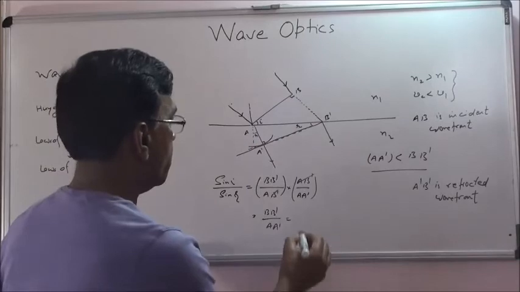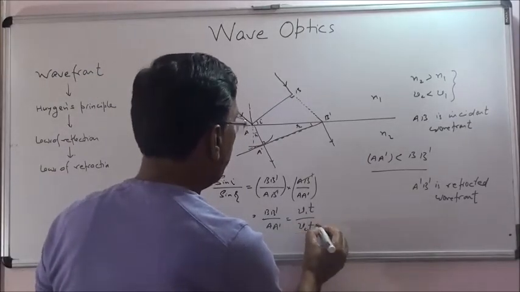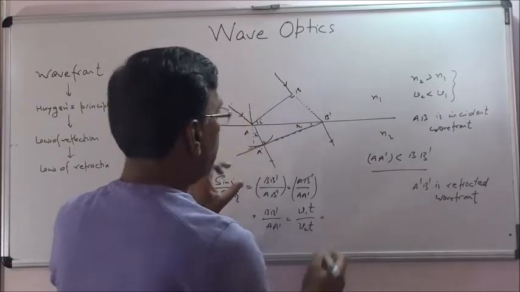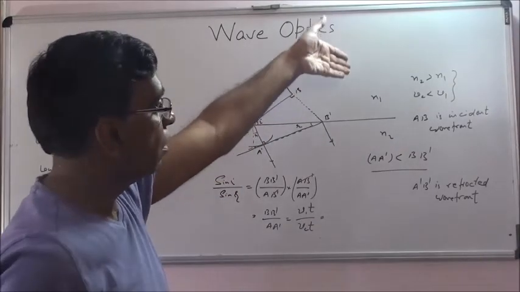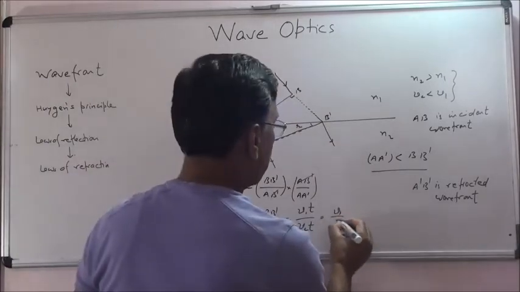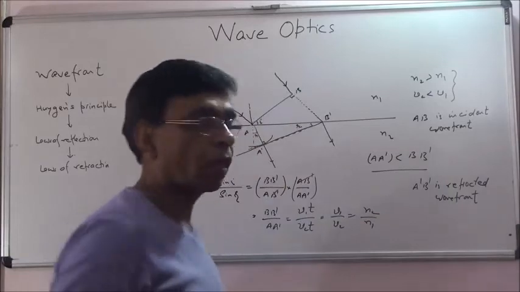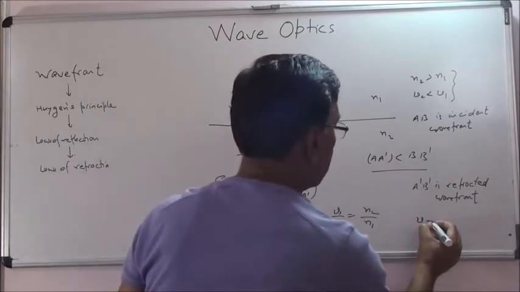What is BB dash? V1t, and this is V2t. V1 is the speed of the wave in the first medium, V2 in the second medium. So it becomes V1 by V2, or I can write N2 by N1. What is V?